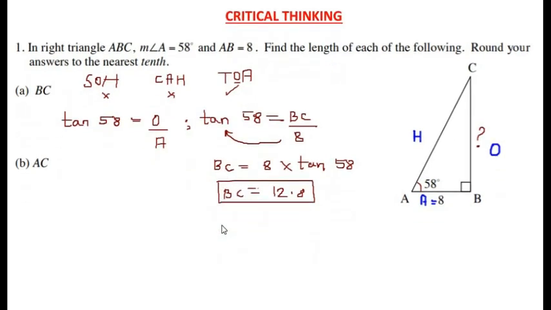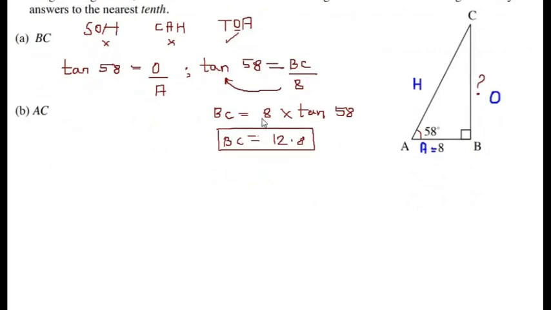Now let us find out AC. To find AC there are two ways. You can either use the SOH CAH TOA method or you can use the Pythagoras theorem. I'll show you both the ways. This is my first method. Let us see if we can use SOH for finding the AC.